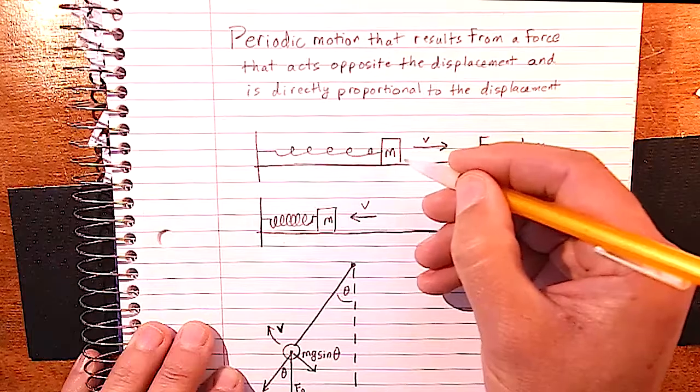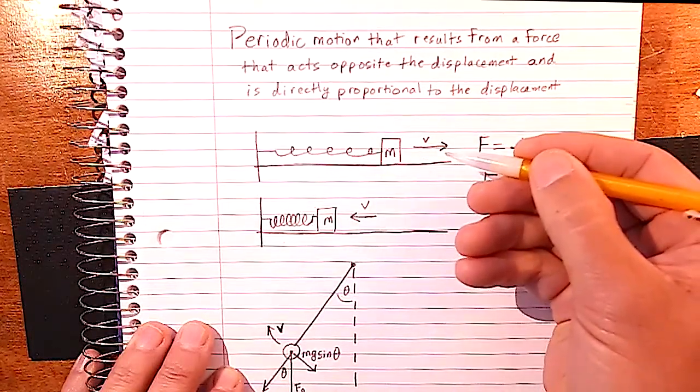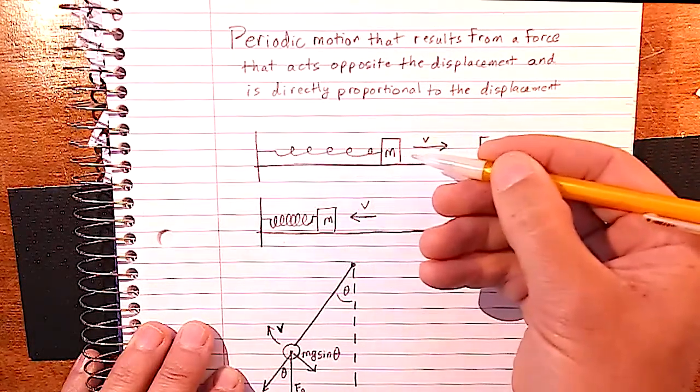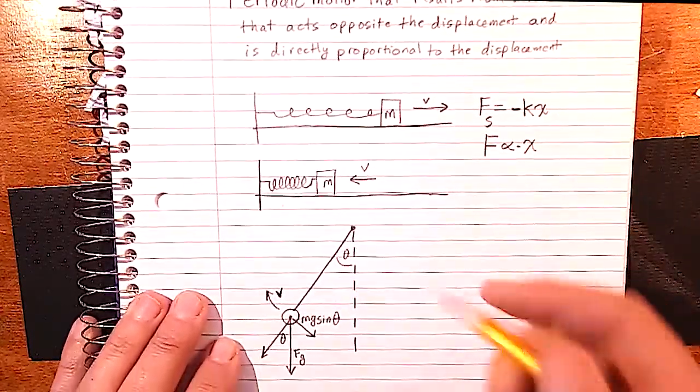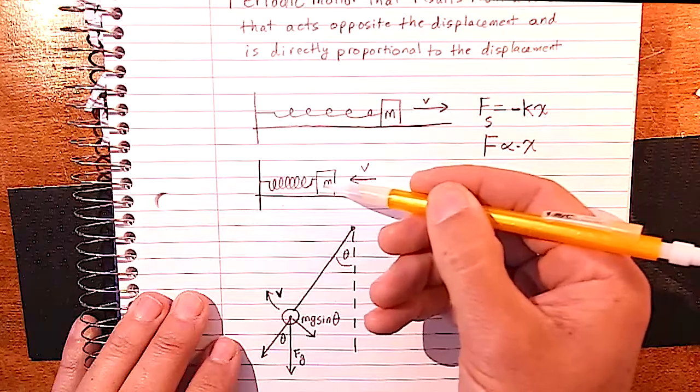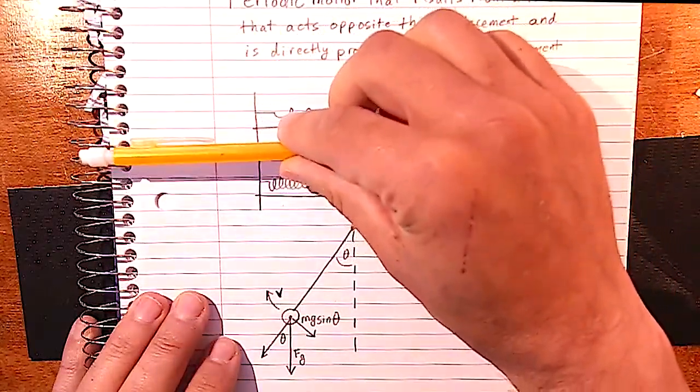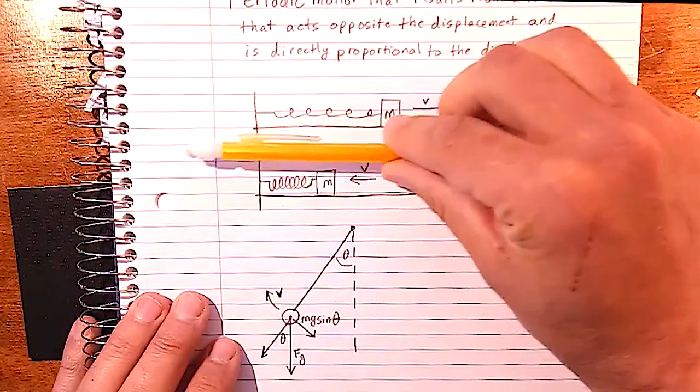So it's moving in this direction, and it has what's called a restoring force, that force of the spring in the other direction. Now, when it starts to compress, now it's moving this direction, now the force has reversed and it's pushing it in this direction.